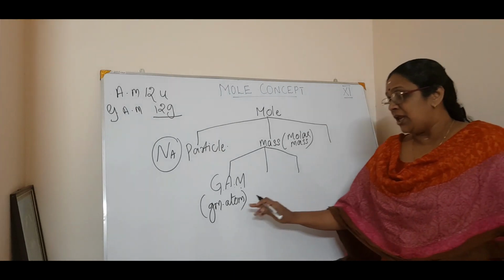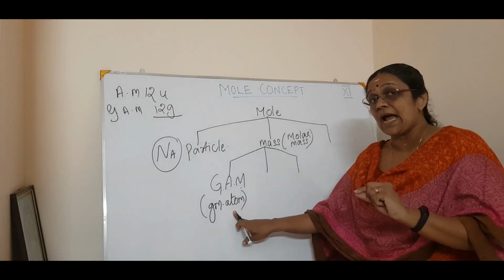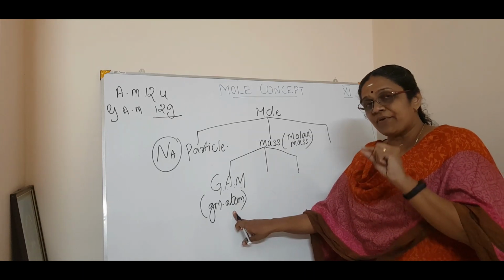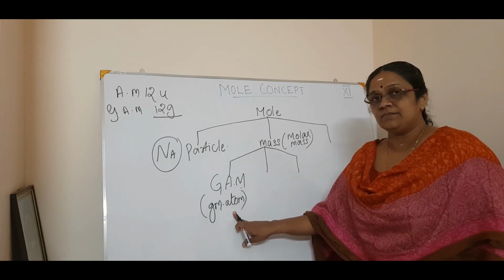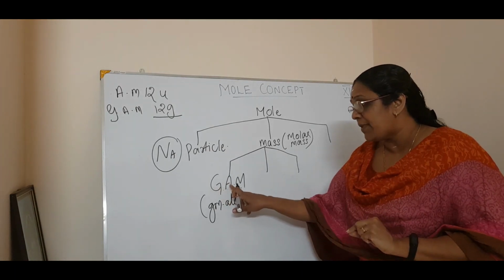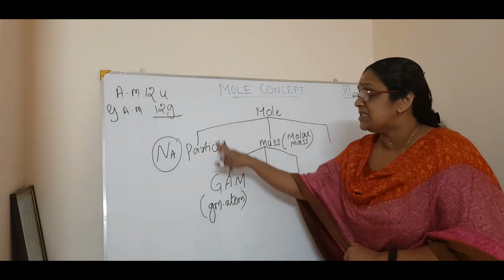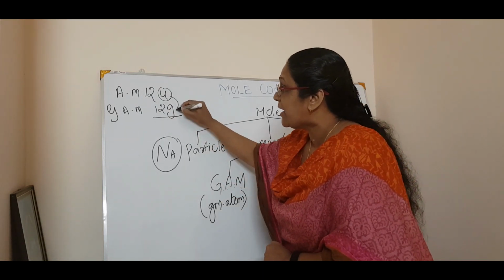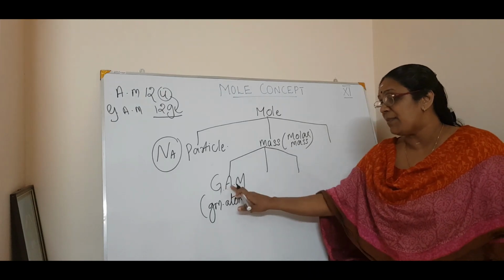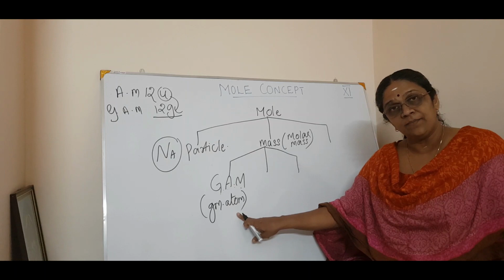Listen, in a numerical, if you are given gram atom, that represents the mole. Keep in mind, gram atom represents mole, or gram atomic mass, that is atomic mass expressed in gram. The U is replaced by g. So that is gram atomic mass or simply gram atom. Clear?